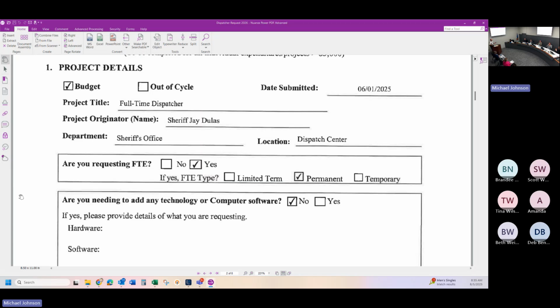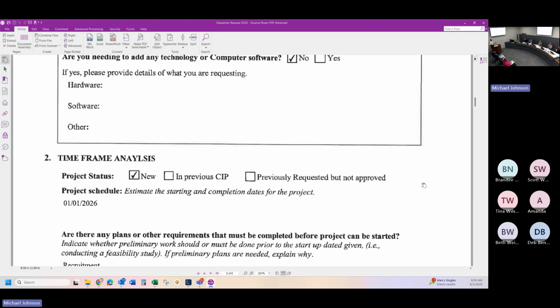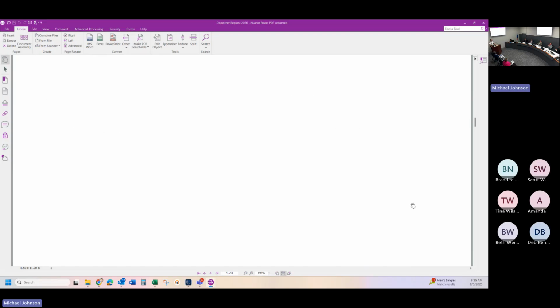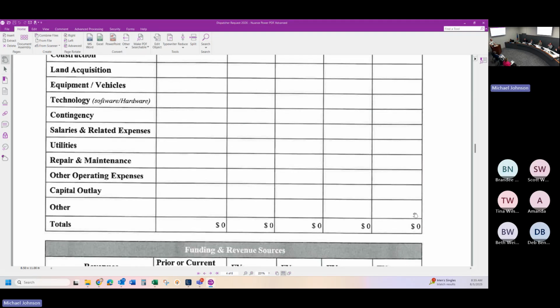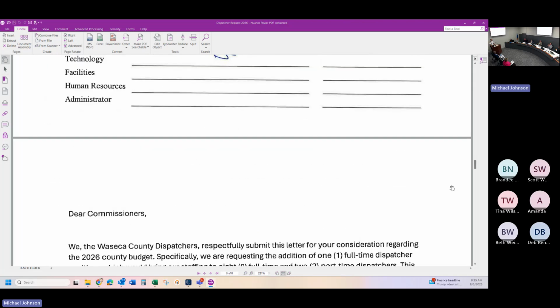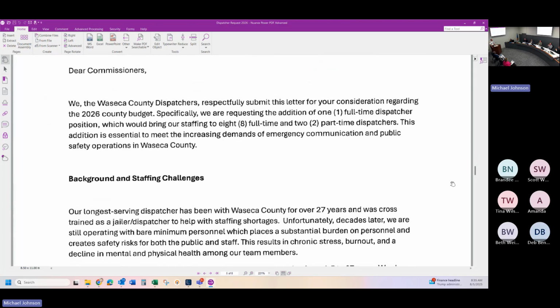So there's some scenarios that came into play: yes, hire another full-time dispatcher, combine one of those and just have 1 part-time dispatcher. One of the problems that you run into is most of your part-time dispatchers have other full-time jobs, which are their priorities, and then their availability is less because they have a full-time job that they're going to, unless you can find someone that just wants to work part-time.